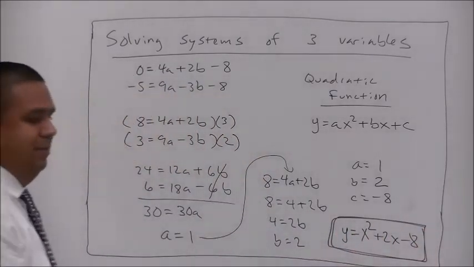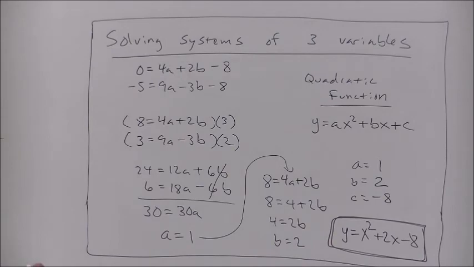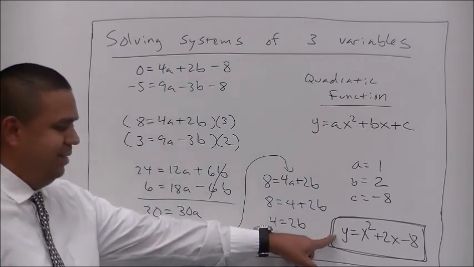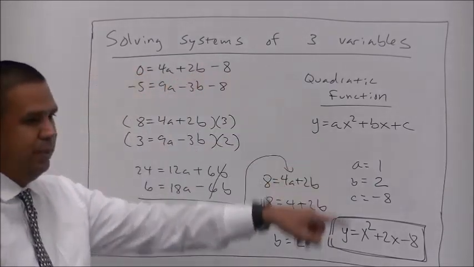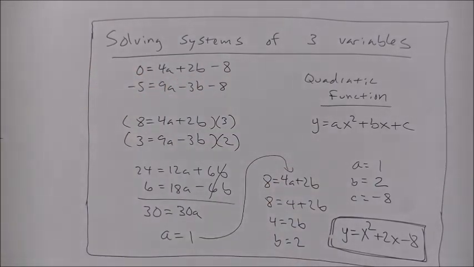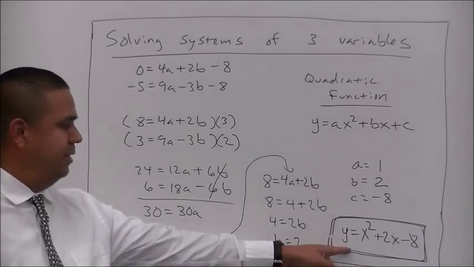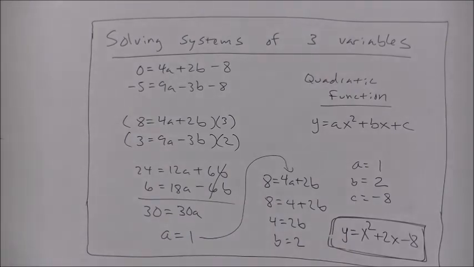Wow, isn't that cool? Aren't you excited? You just found the quadratic function that has all those 3 points that I erased. It has (0, -8), (2, 0), and (-3, -5). All 3 points would be on the graph of that equation. Everyone good there?